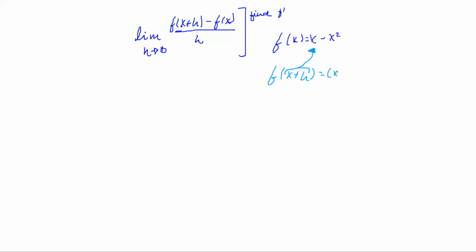So that's x plus h minus, and then I'm going to put another one there, x plus h squared. So f of x plus h is equal to these two. So I'm going to put that in where it belongs. So I'm going to say limit as h goes to 0. And then instead of having f of x plus h, I'm just going to write x plus h minus x plus h squared.